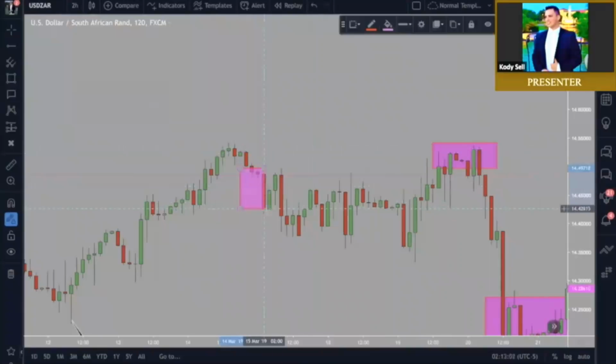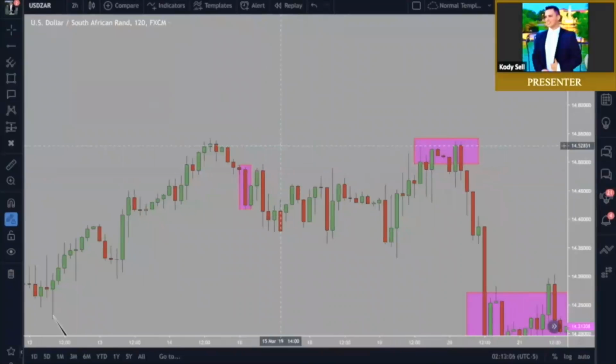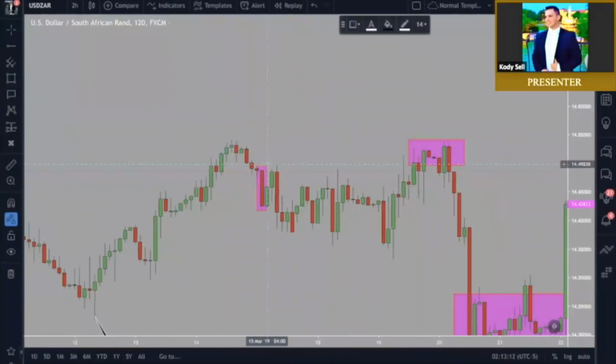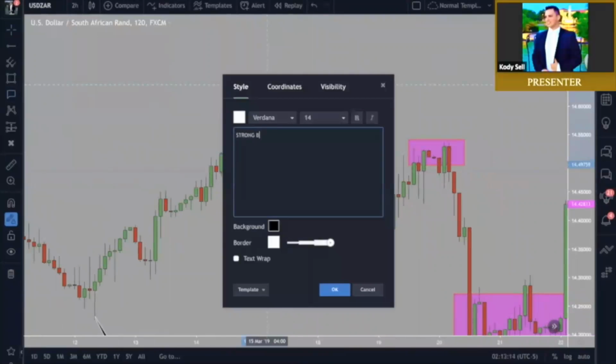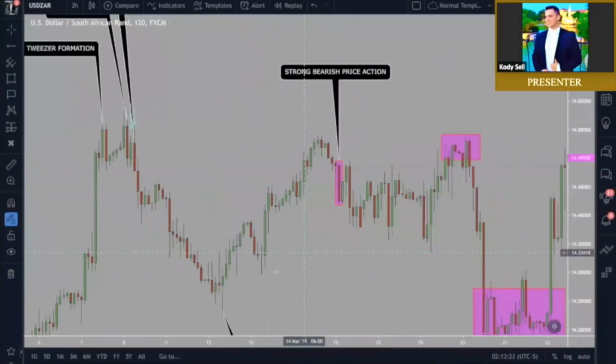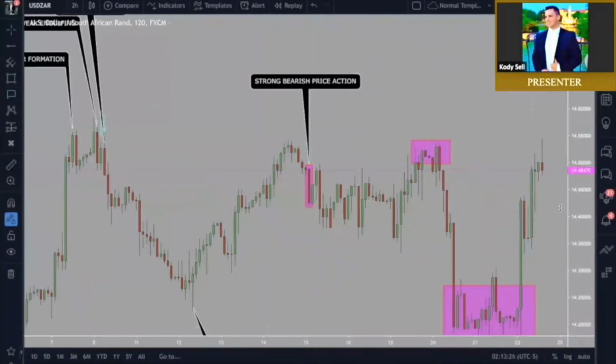It's not until right here where you see this strong bearish engulfing candlestick that you really believe that the bears are here. So again though, strong bearish price action, okay, right here. That was your key. That was your signal that this bullish move was done, okay, at least for that time.